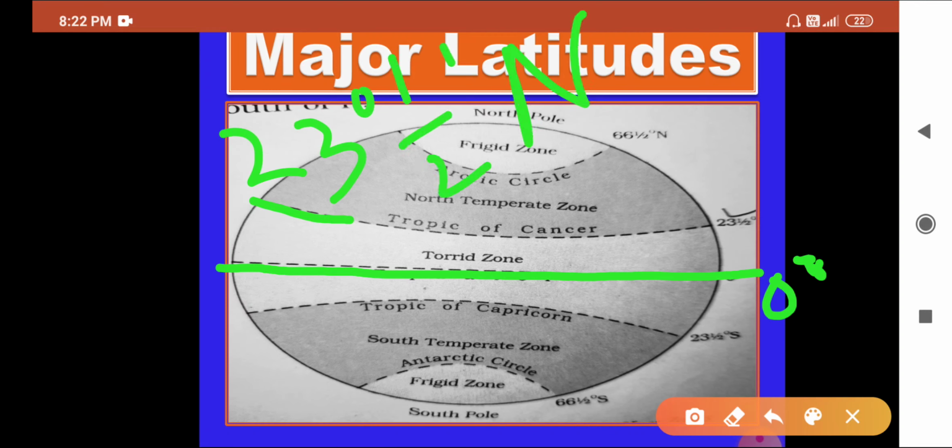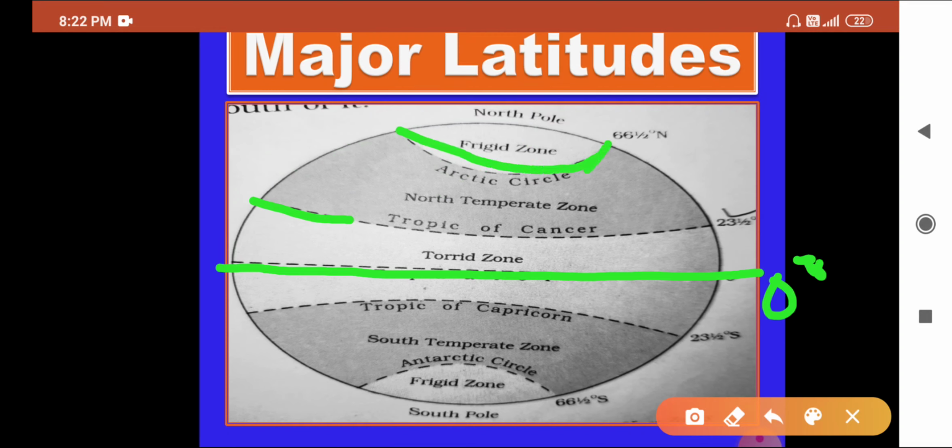North, here we will write N with all these lines. Next one is Arctic Circle. This is called Arctic Circle, 66 degree half minute. Here you can write 66 degree and half minute. Here the minute sign we put like this. So this is Arctic Circle.